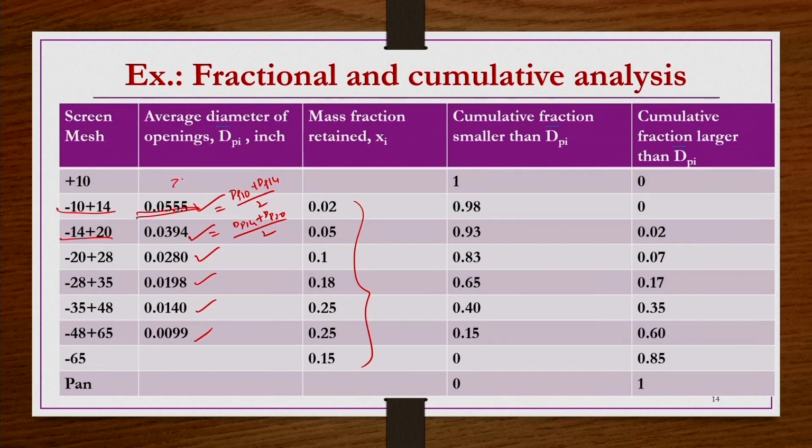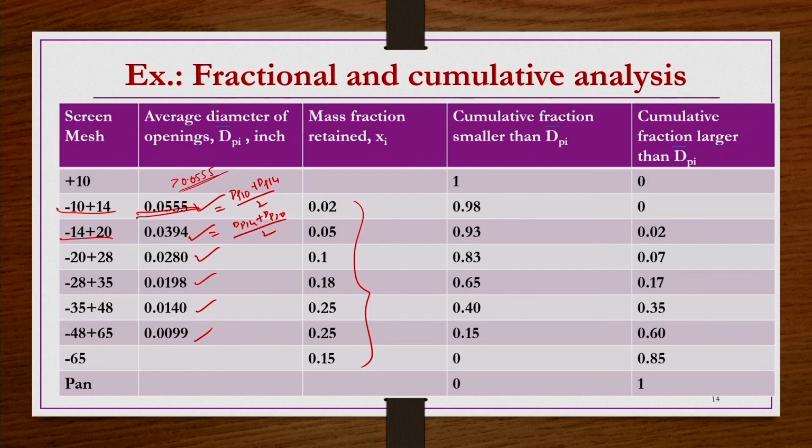So, now the first one, what is the cumulative fraction smaller than dpi, what is this, actually this size would be more than 0.055. So, smaller fractions, if you see, what is the fraction of material that is having size smaller than 0.055, all these fractions.